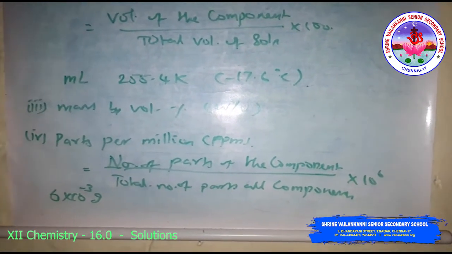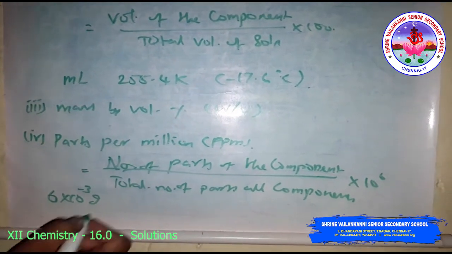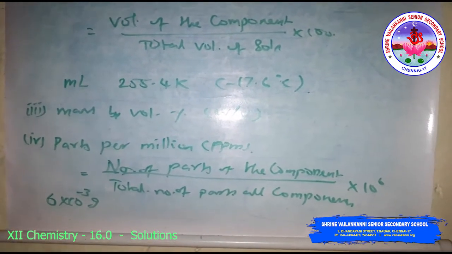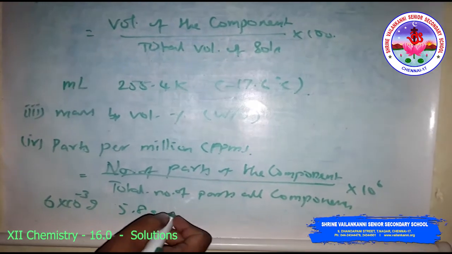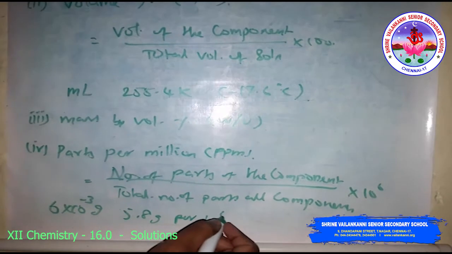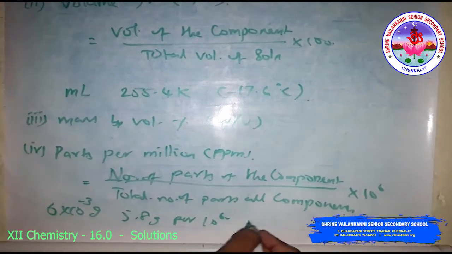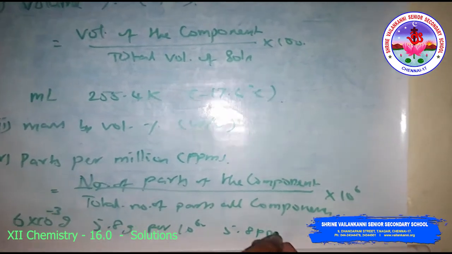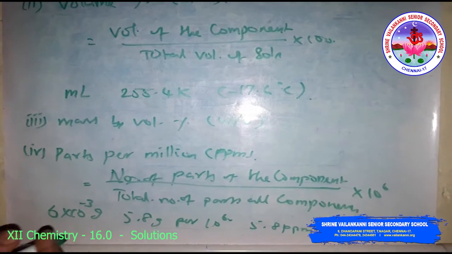Such a small concentration is also expressed as 5.8 gram per 10 power 6, that is 5.8 ppm. You can say that is 5.8 parts per million.